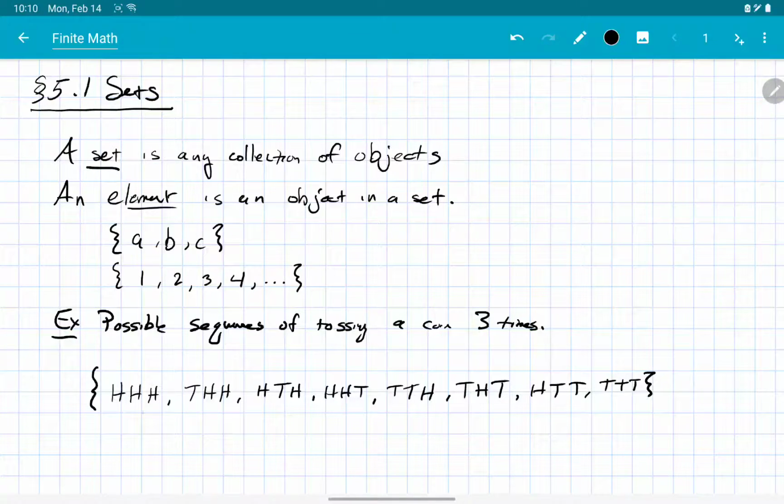So this set has 1, 2, 3, 4, 5, 6, 7, 8 elements. And any possible sequence of 3 coin tosses can be found in this set, because they exhaust the possibilities of what there might be. Any questions? Is this clear?